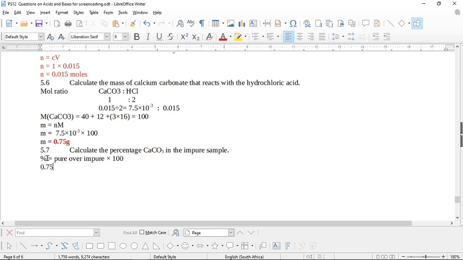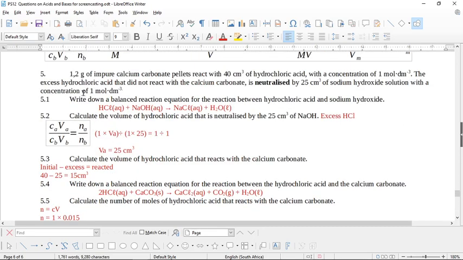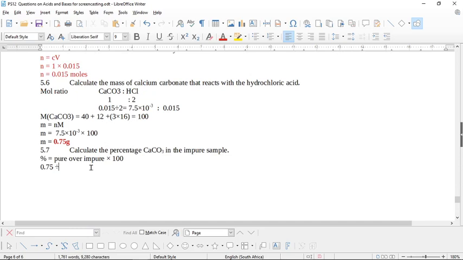So we've got 0.75 pure. We're going to divide it by whatever was in the question here, 1.2 grams. Over 1.2 times by 100, and we should end up with something. I get 62.5% pure. And that should be your final answer.